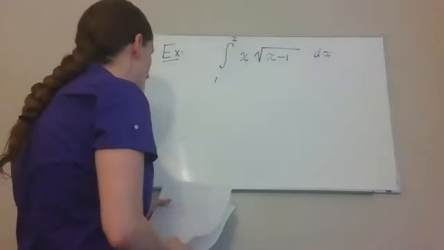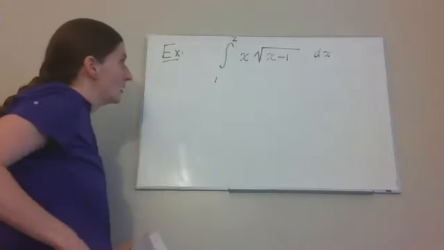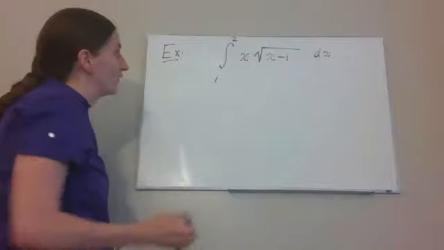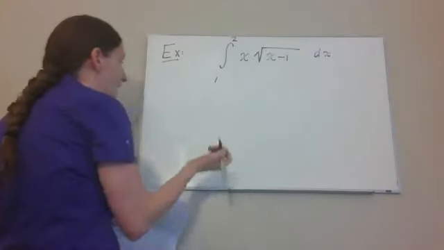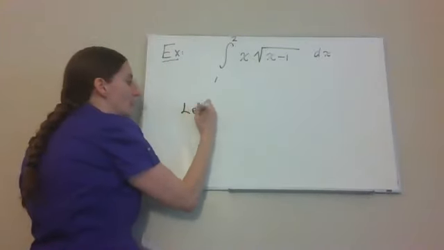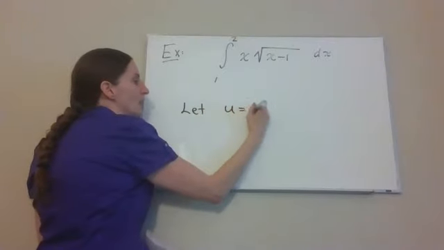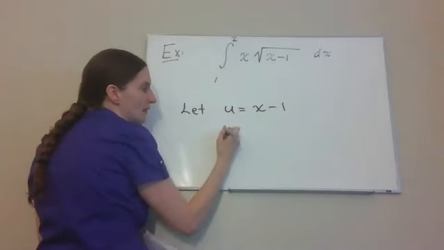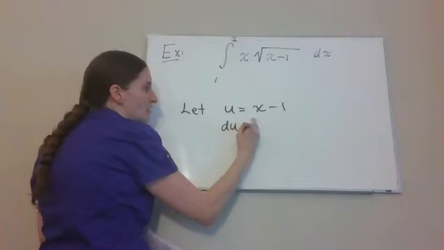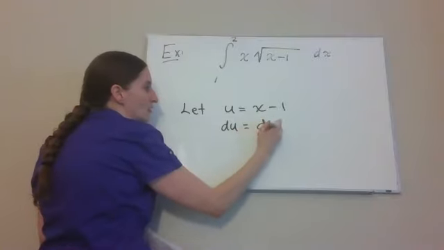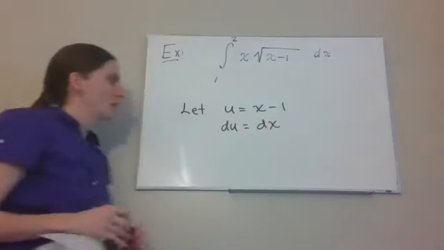So what we're going to do first is pick out our u. And since I have stuff underneath that square root other than just an x, that's going to be my u value. Let's let u equal x minus 1. Well, then du would be equal to just dx.